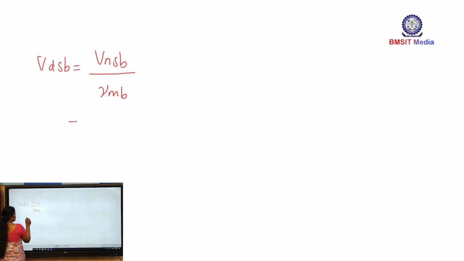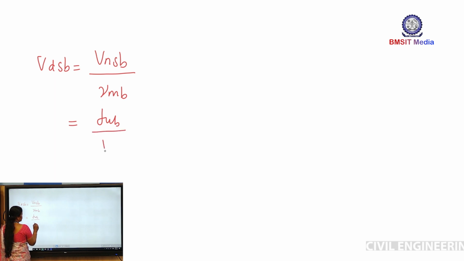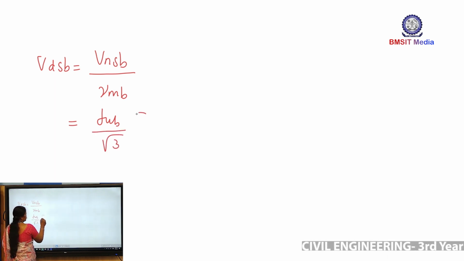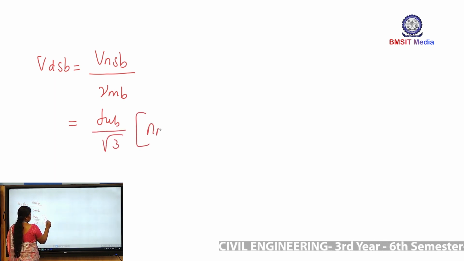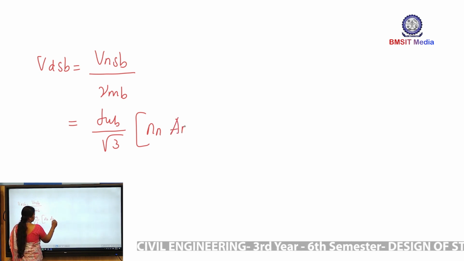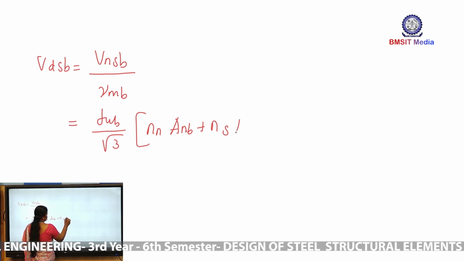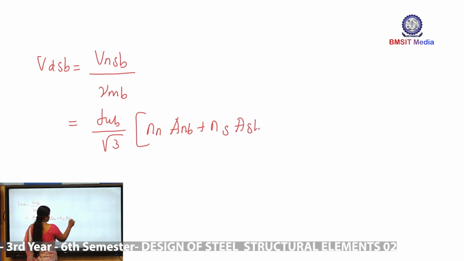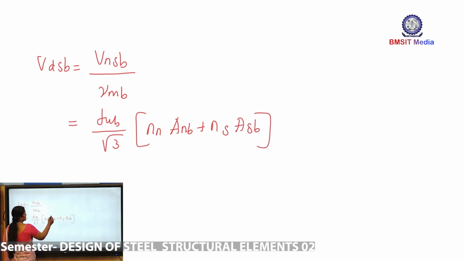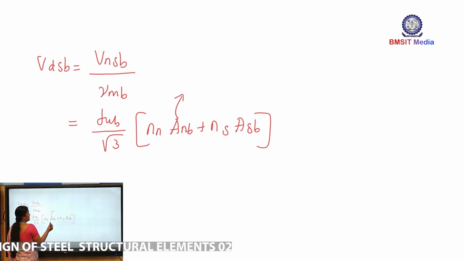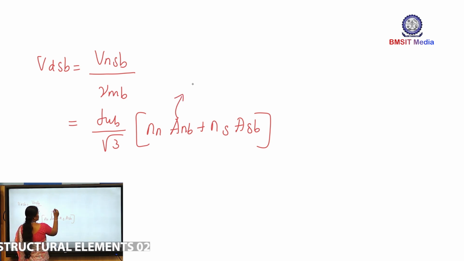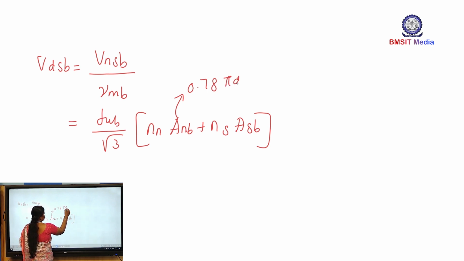So VNSB equals FUB divided by root 3, into NN into ANB plus NS into ASB. Here ANB is the net area of the bolt, which is 0.78 pi d squared by 4.